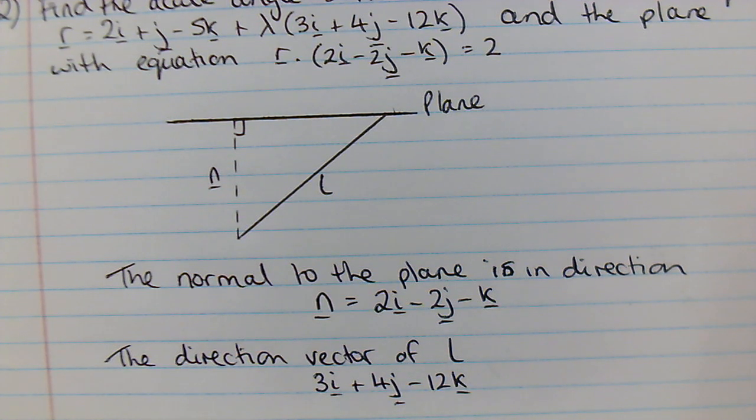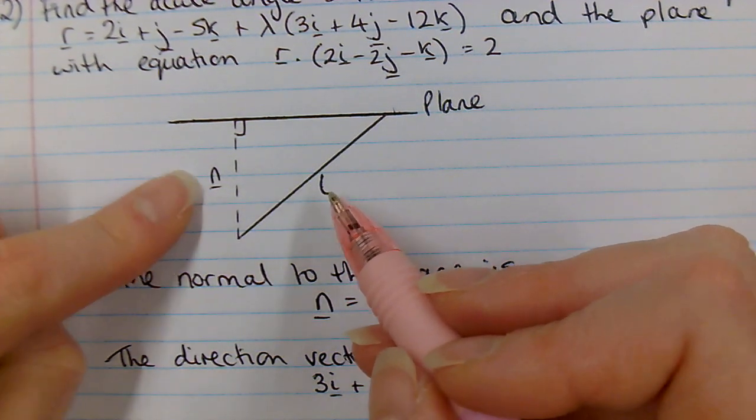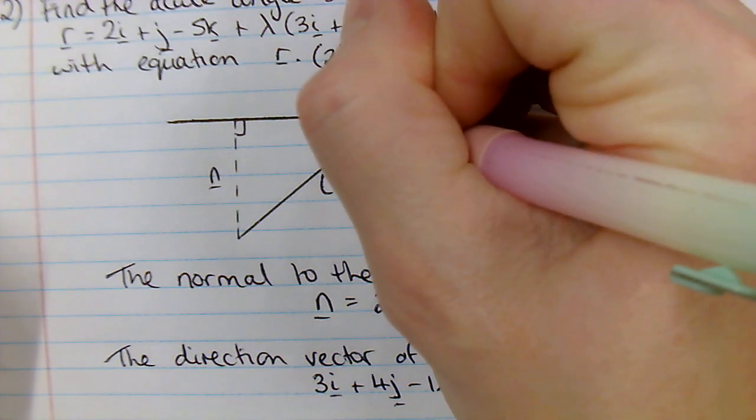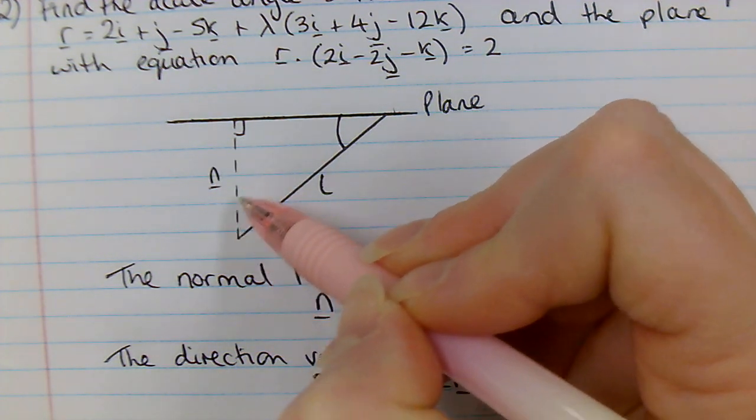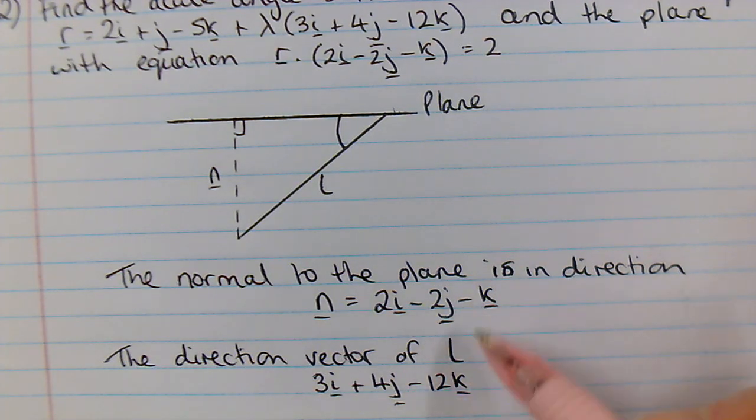Okay, so when we're working out the angle between them, we know these two. This is actually the angle we're looking for. Now on the PowerPoint they do it slightly differently to how I would. I would stick personally to finding the angle between these, because these are the vectors that we've got.